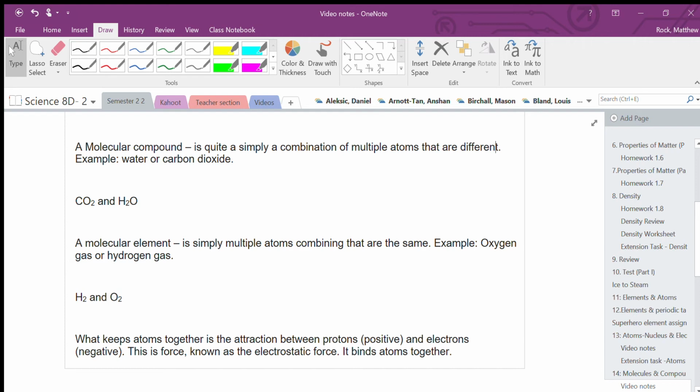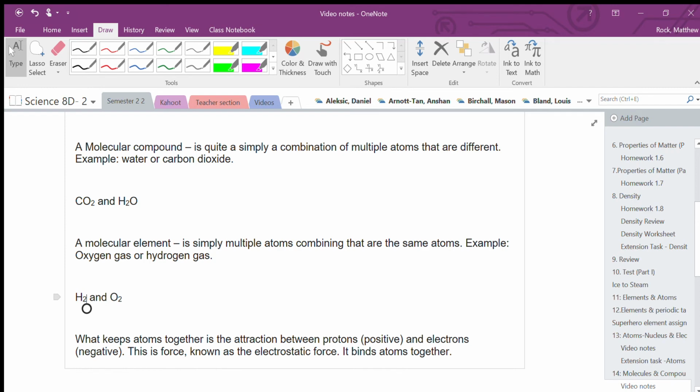So if we have a molecular element, molecular meaning multiple atoms, element meaning the same element, which means it is multiple atoms combining that are the same. So, example, oxygen gas or hydrogen gas, H2 or O2. Yes, we've got multiple atoms, but they are the same. So it's a molecular element.